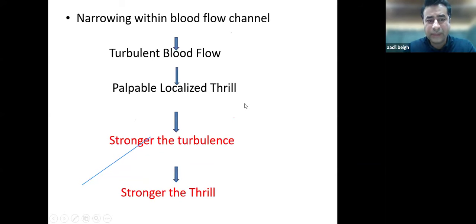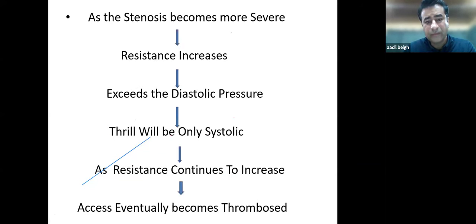When there is a narrowing of the segment, there is a turbulence of flow, and with turbulence of flow, more injury to that segment. For example, consider there is an anastomosis, a patent 10 centimeter segment, and then after it, there is a stenosis. This stenosis has its own resistance.